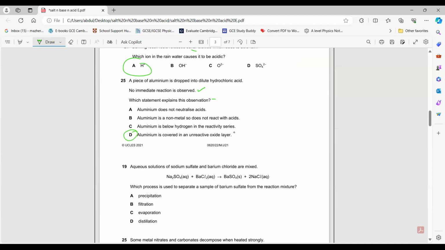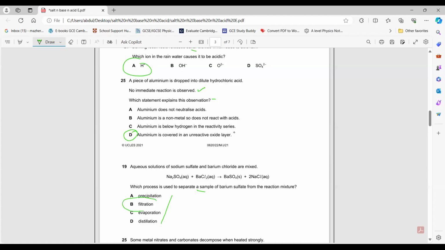अब we have BaSO4 and 2NaCl, which is solid. Which process is used to separate a sample of barium sulfate from वो? अभी मैंने आपको बताया था. Which process would be used out of these to separate it out?